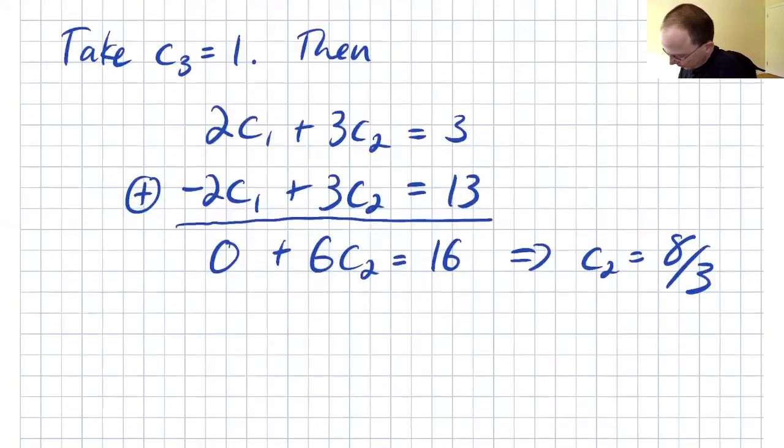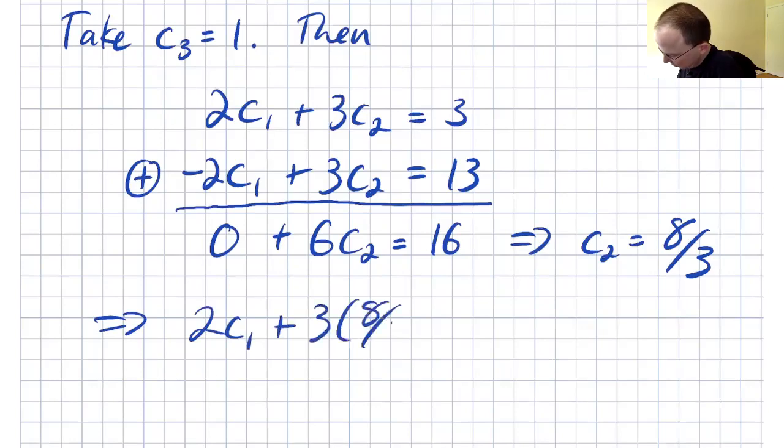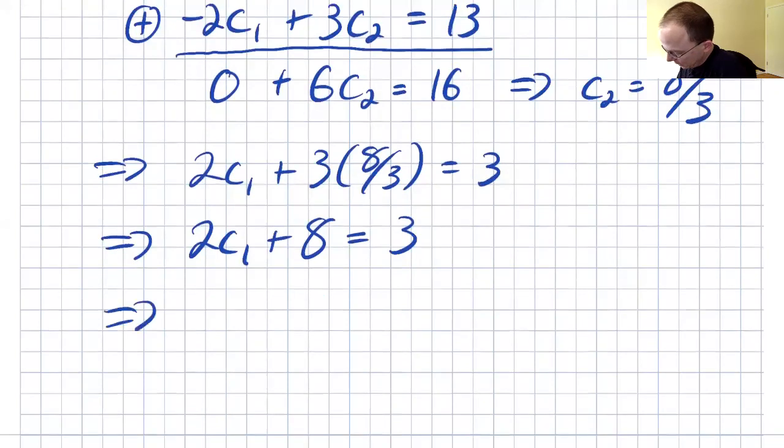And therefore, that implies that 2C1 plus 3 times 8 over 3 is equal to 3. So we get 2C1 plus 8 equals 3.